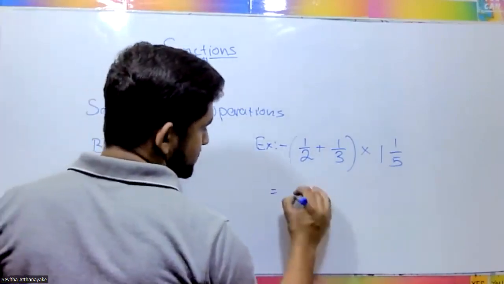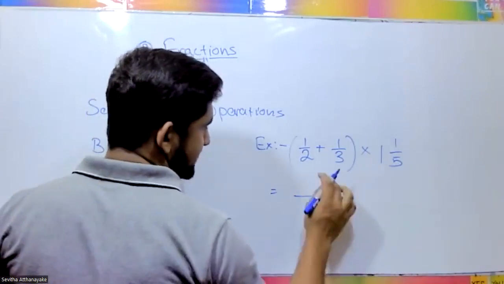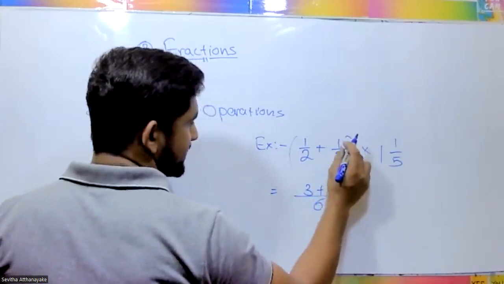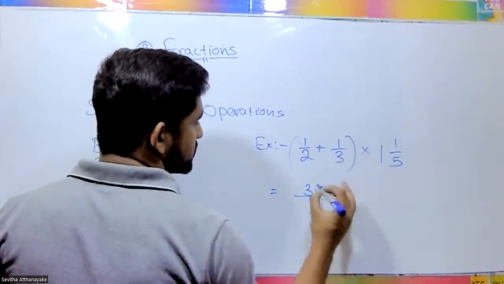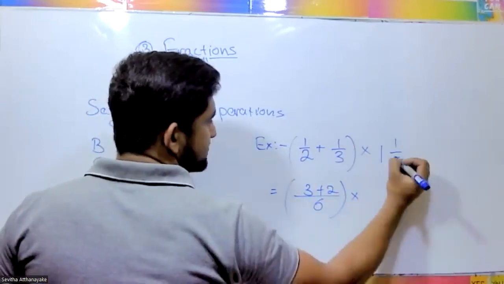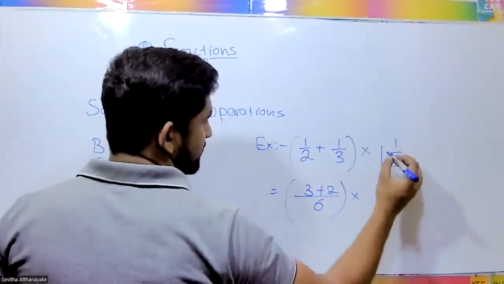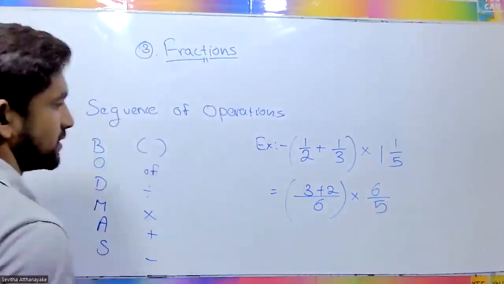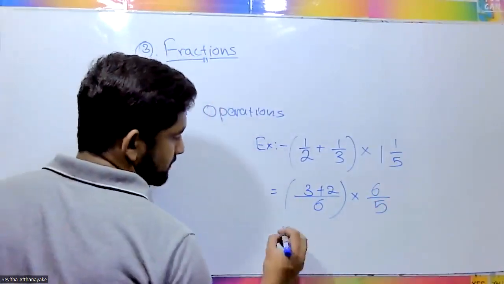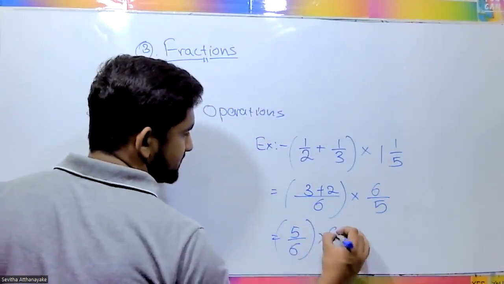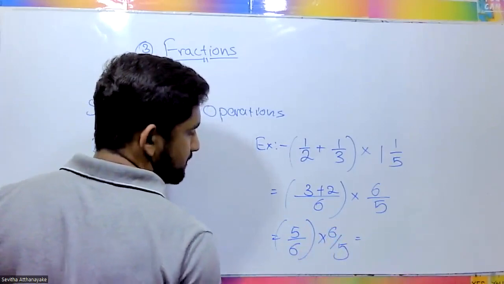Then I can get a common denominator 6. This should be multiplied by 3. Then here 3. This side should be multiplied by 2. Numerator and denominator both. Then 3 plus 2 into, I can make this an improper fraction. 5 times 1 plus 1, 6 over 5. 5 over 6 multiplied by 6 over 5.